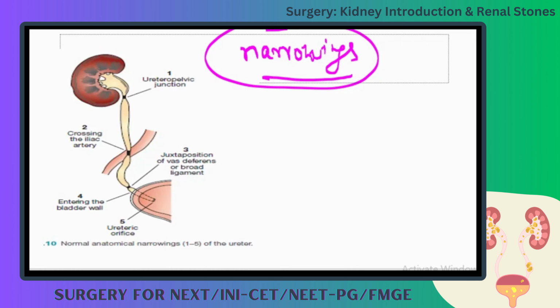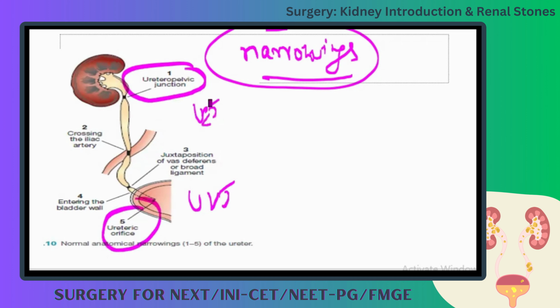So what are the various anatomical narrowings of ureter? One is the ureteropelvic junction above, ureterovesical junction below, UPJ, UVJ. And third is crossing of the iliac artery. Because the ureter is here, the iliac artery will be crossing over it.